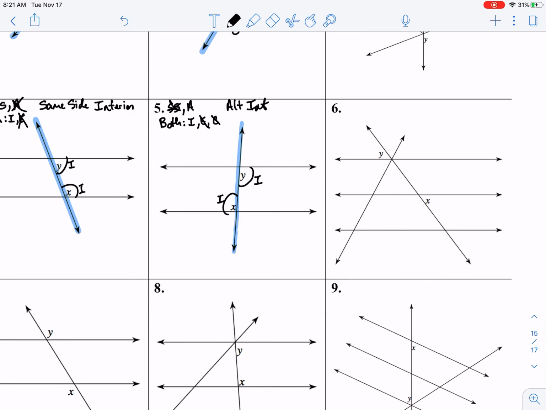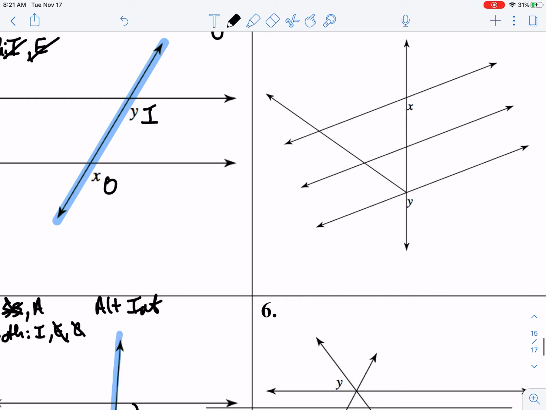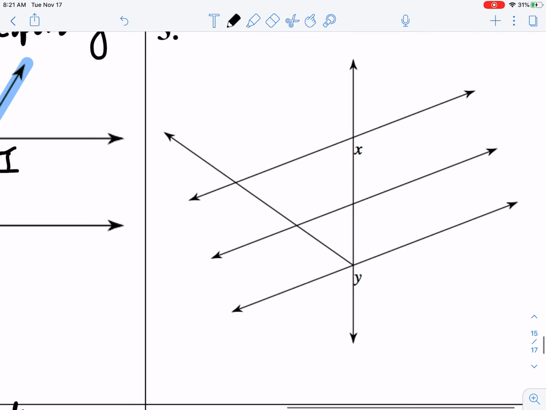All right, so I said I would come back to the ones with more lines than really what you need. Now, the reason people make these is to try and confuse you. What I like to do is trap my angle, right? And the way I do that is I just make an arc. And I make an arc on both of my angles.